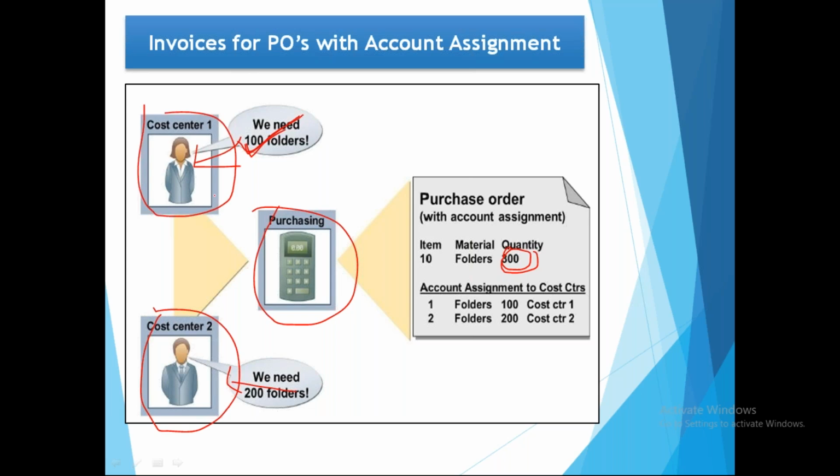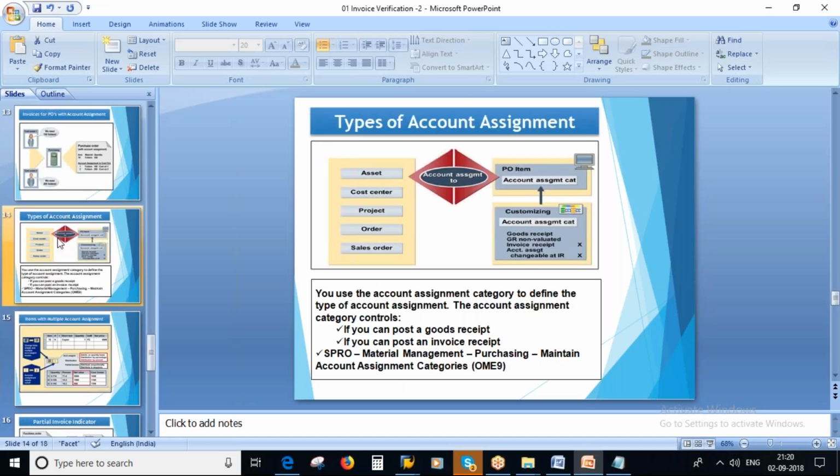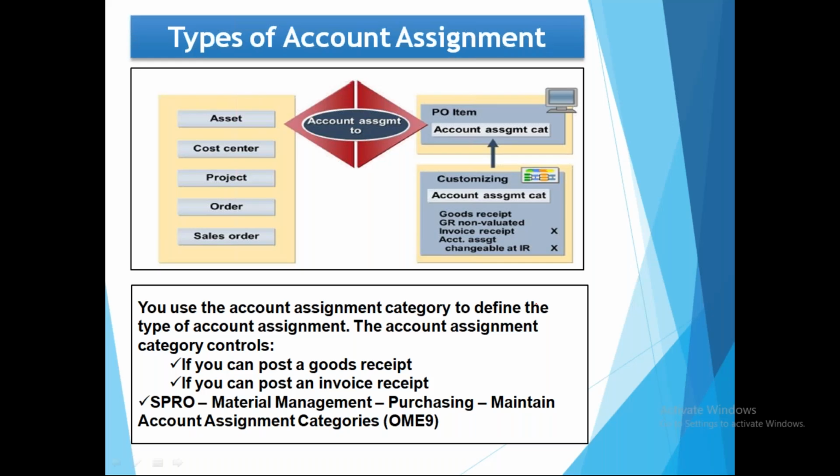So when you create the purchase order, you can do this account assignment to the different cost centers. From here, when you do the invoice verification, you have the option of changing the quantities and cost centers in the invoice verification. This we already discussed, different types of account assignments. Try to recollect our purchasing classes.